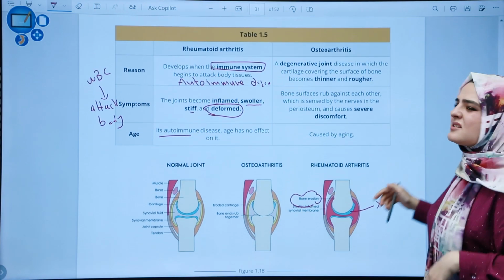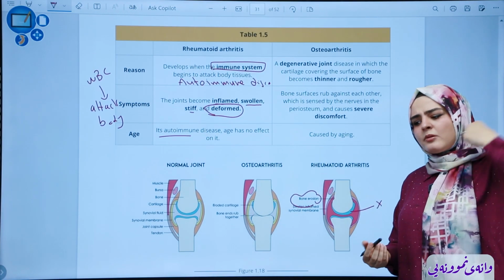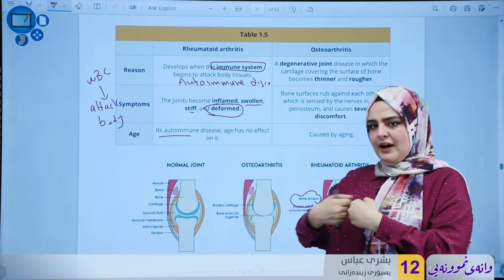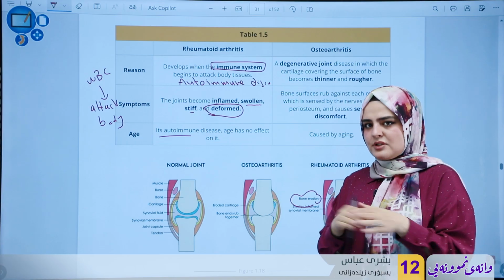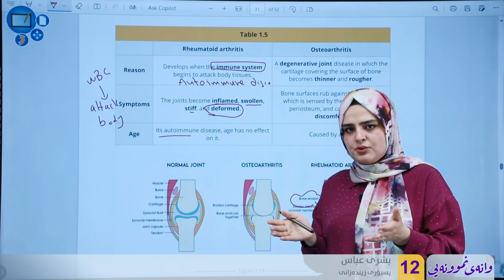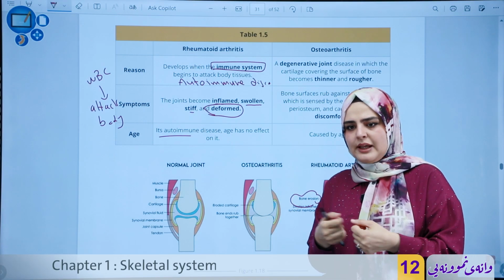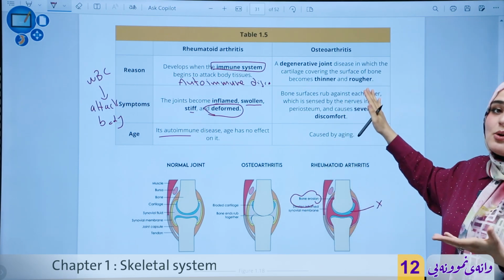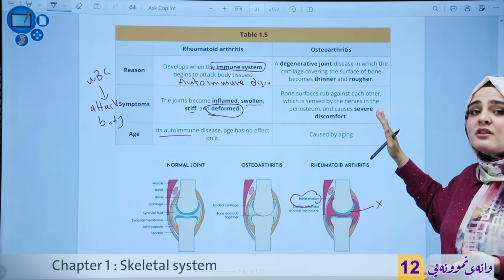What about osteoarthritis? When people become older, their body cannot regenerate as easily. When there is friction, of course the cartilage starts to erode too, although it's smoother, but it could repair itself. When people become older, repairing becomes a much harder task.